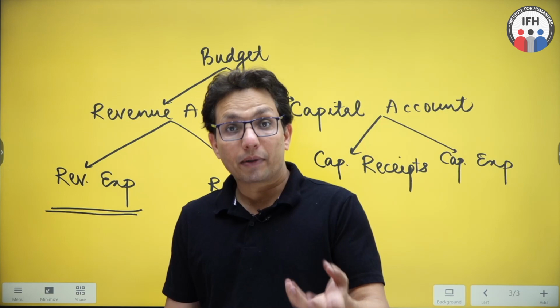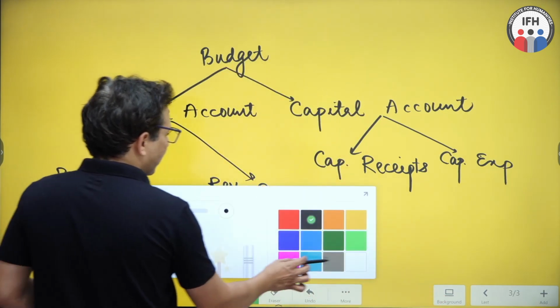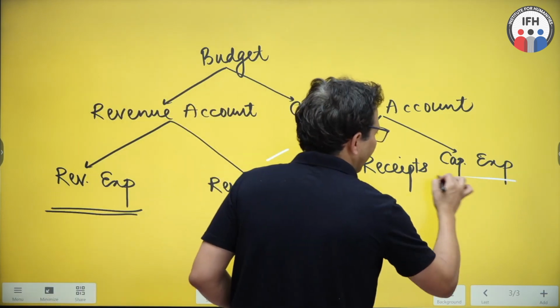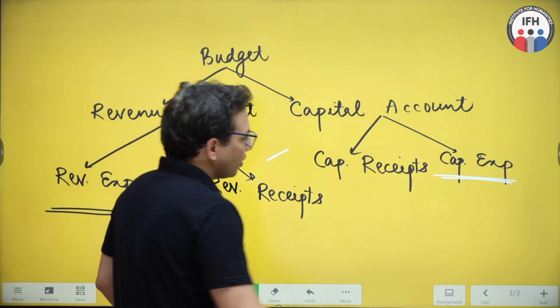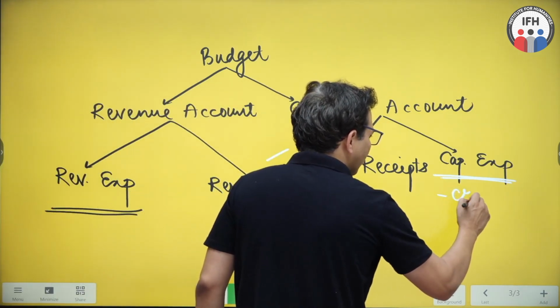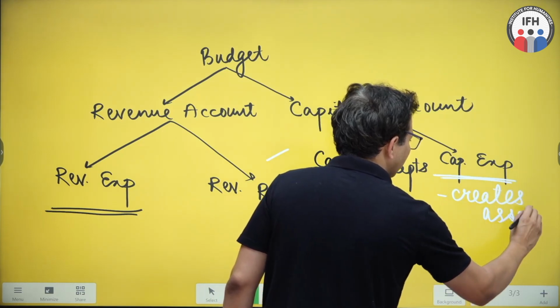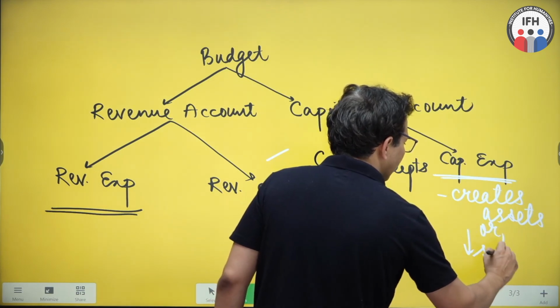Now how do we memorize them? How do we remember them? If we have to remember them, we need to start from capital expenditure. So what is capital expenditure? Capital expenditure is that expenditure which either creates assets or which reduces the liabilities.